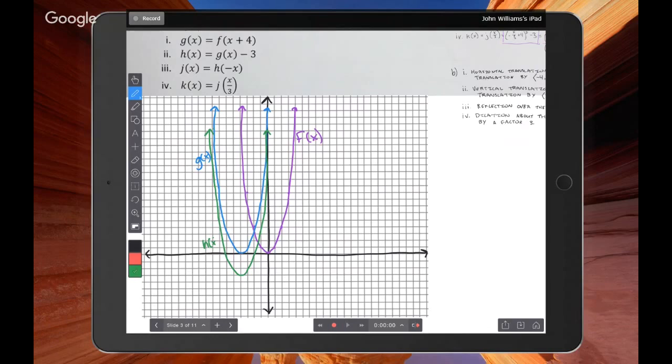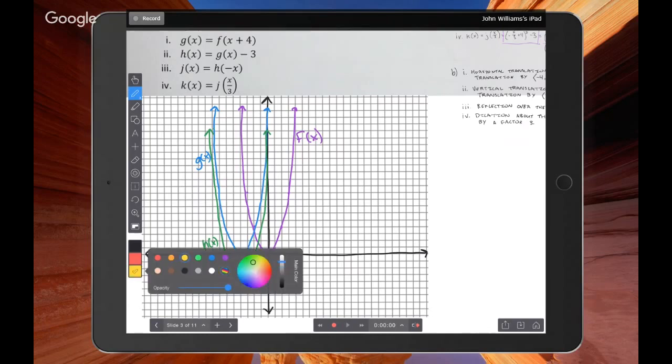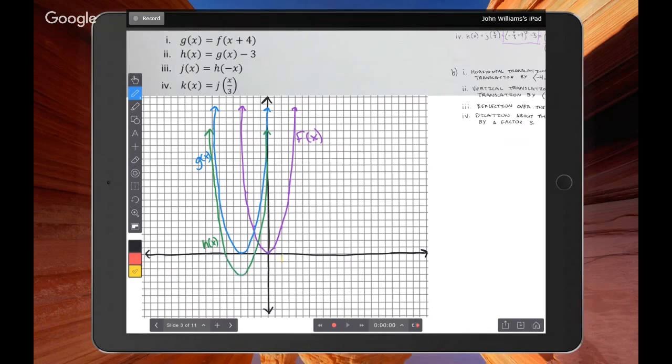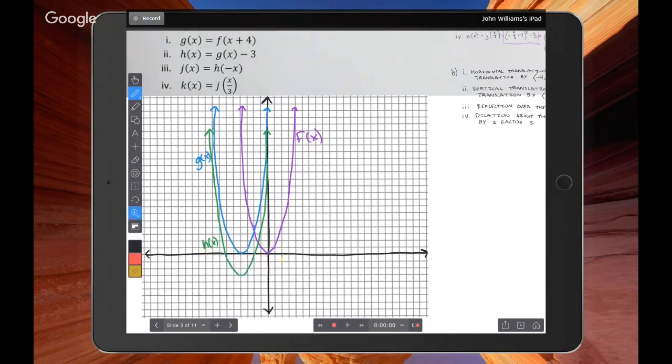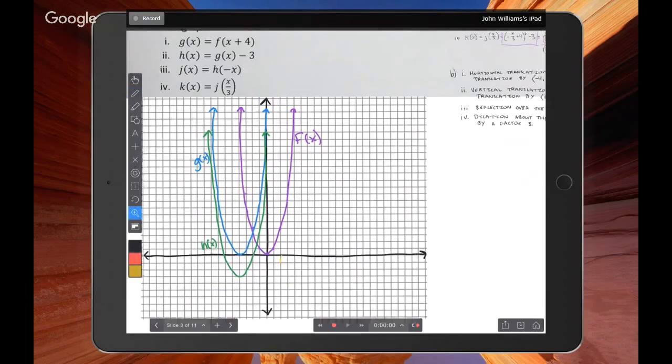And then it gets reflected about the y-axis. So I'm going to do this one in yellow. Kind of an ugly, pukely yellow. That'll be nice. And I'm going to again copy them because it has reflective symmetry.